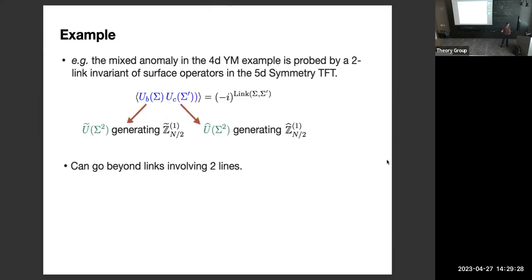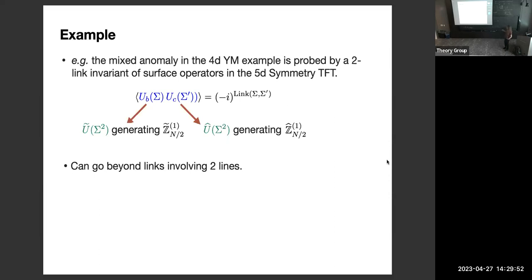So for example, let's take this example that I was just giving you of 4D Yang-Mills theory where I've gauged the normal subgroup. There, remember I said that I have these sorts of surface operators in the bulk symmetry TFT that on the boundary generate my boundary one-form symmetries. And I said there was a mixed anomaly for these.